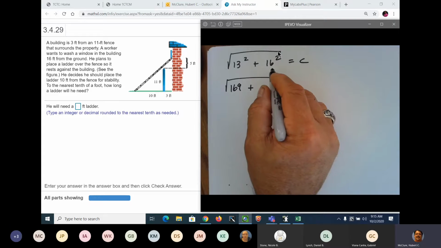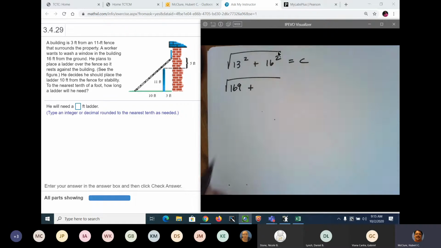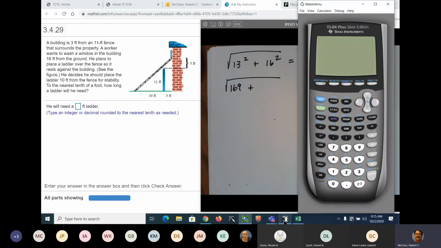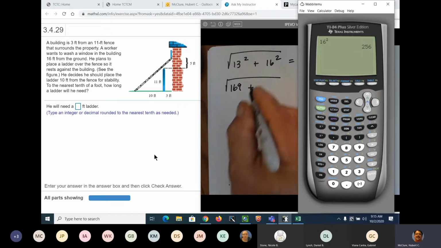No, it's more than that. It's 256. Somebody check me. What's 16 squared? That's all right. Y'all won't talk to me today, so 16 squared is 256.